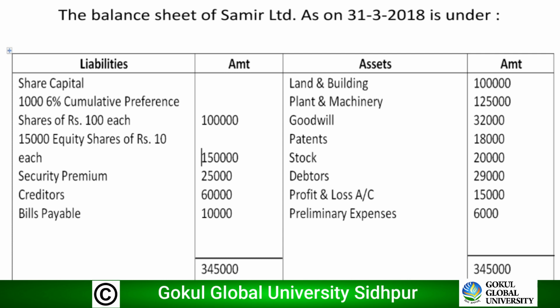Next, creditors 60,000. Next, bills payable 10,000. See assets. Land and building 1 lakh, plant and machinery 1,25,000, goodwill 32,000, patents 18,000, stock 20,000, debtors 29,000, profit and loss 15,000, and preliminary expenses 6,000.